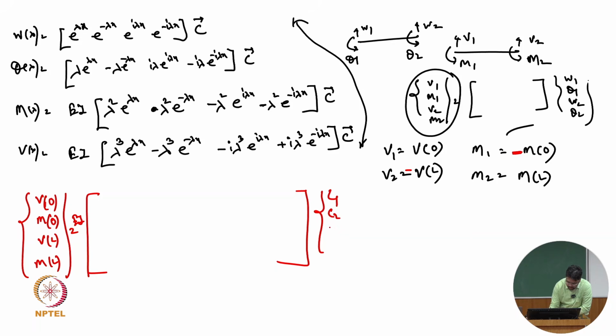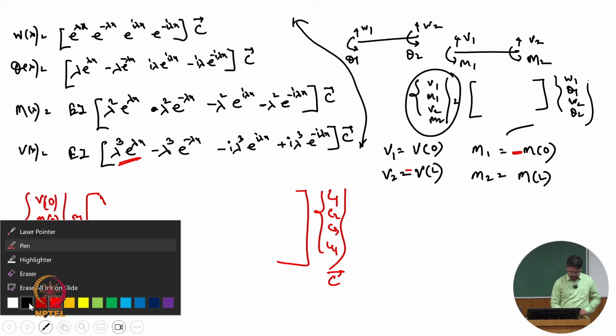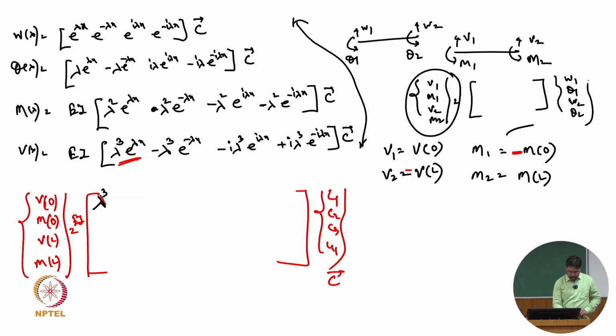We will have C1, C2, C3, C4, which is basically my C vector. Okay, agreed? So how can I put it? V0, this term with x equal to 0. So what can I write? Maybe I'll write lambda cube, e to the power 0. E to the power 0 means 1. Don't need to write it, forget that.